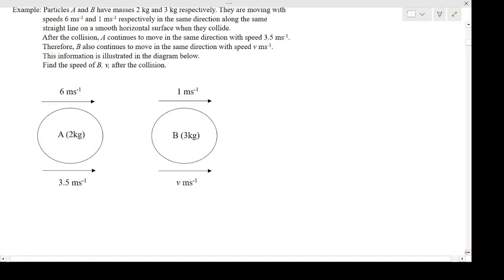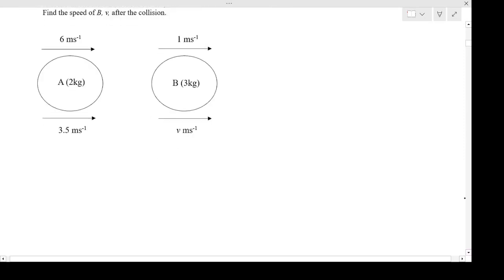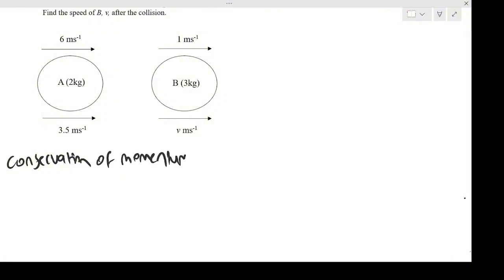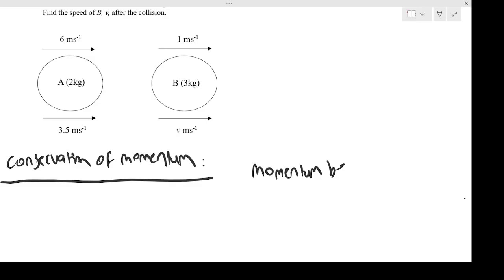Right, so we're going to apply conservation of momentum, and we can use this to work out v. So for the conservation of momentum, we need to find the momentum before the collision to equal the momentum afterwards. That's what this is saying.